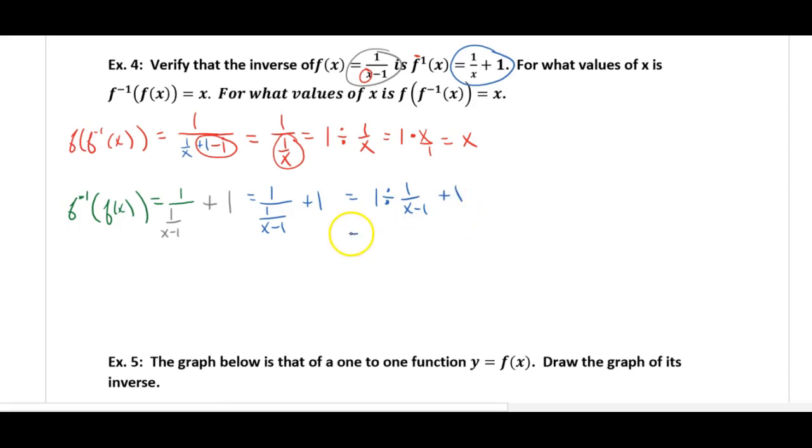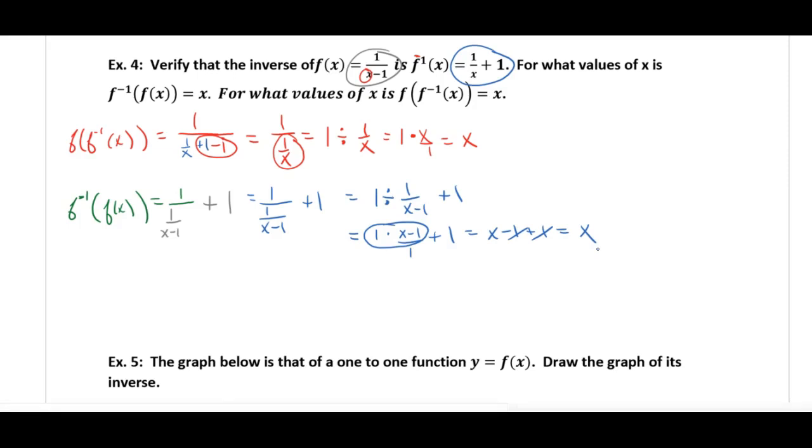But then we're going to take this division, change it to multiplication. So it'd be 1 times x minus 1 over 1, plus 1. Now this is just going to give you x minus 1 plus that 1, and right away these eliminate each other, and that equals x.